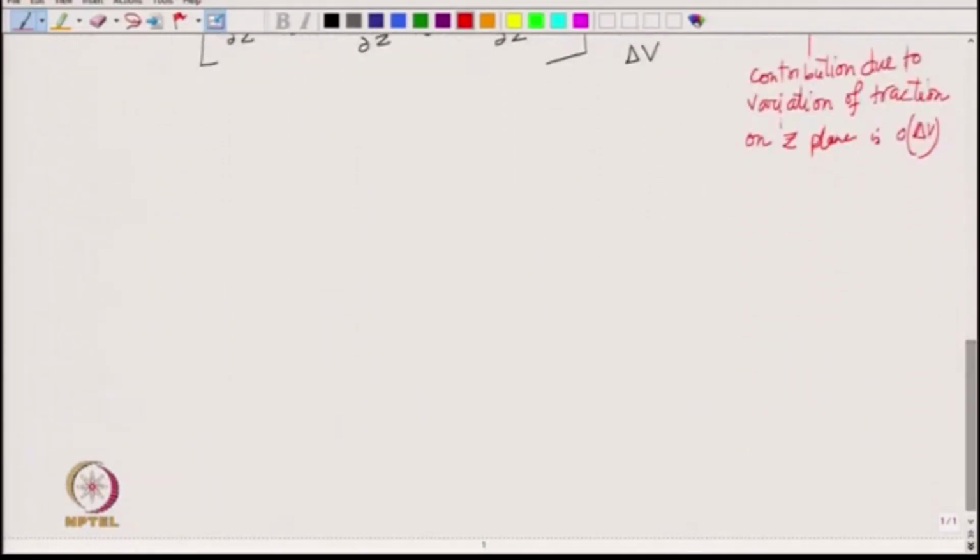Okay, so, let us now figure out what is the force due to traction on positive e_r and negative e_r plane. So, force due to positive e_r plus the force due to negative e_r. We have to find out the traction on the positive r plane, but at the center of the positive r plane. Okay. So, where is the center of the positive r plane?